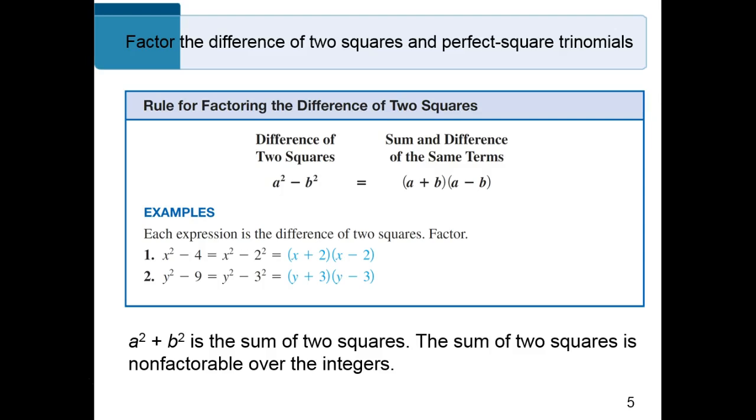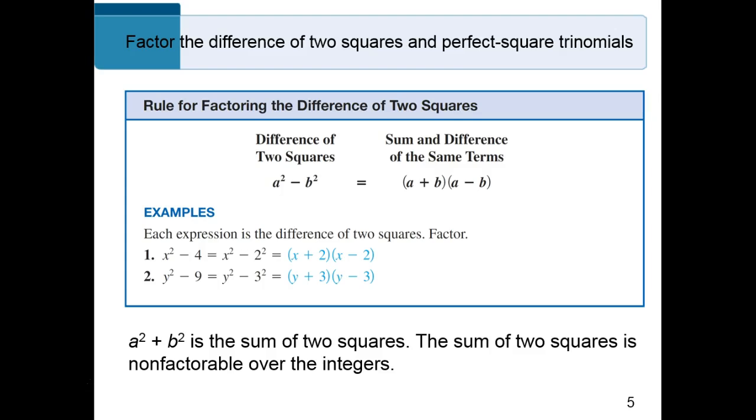Do these two go to 0? No, they don't. So that doesn't work at all. The A plus B, these add to 2AB. So that's not factorable. Ever. Difference of two perfect squares?